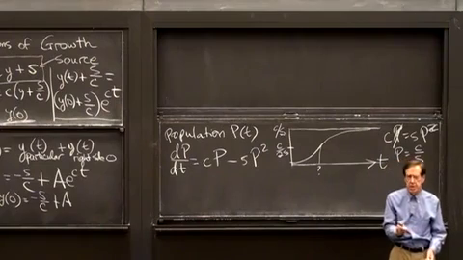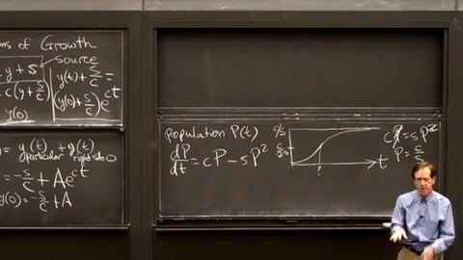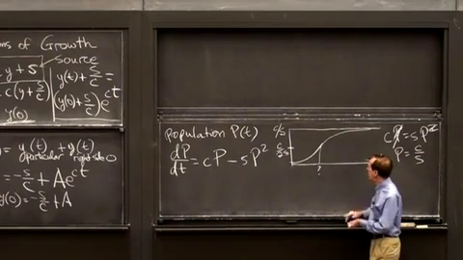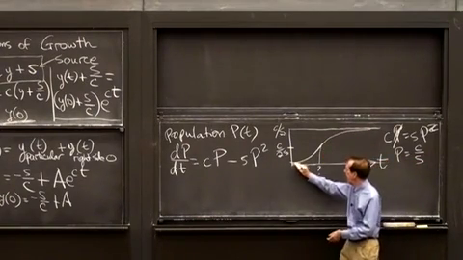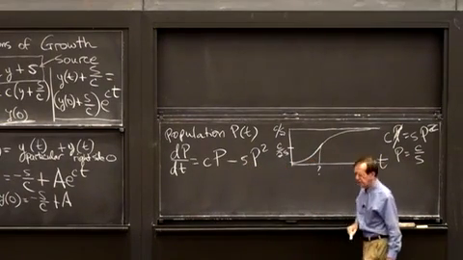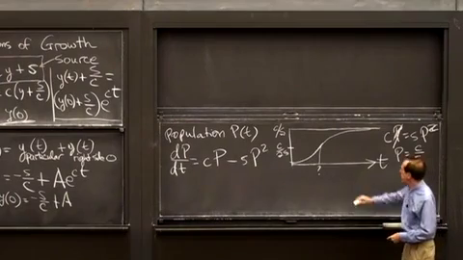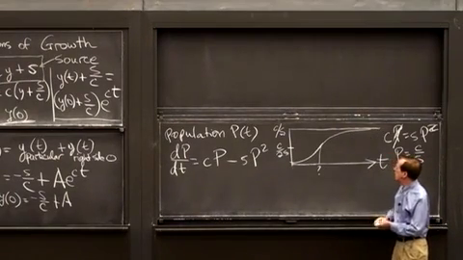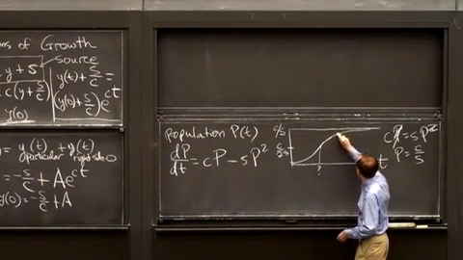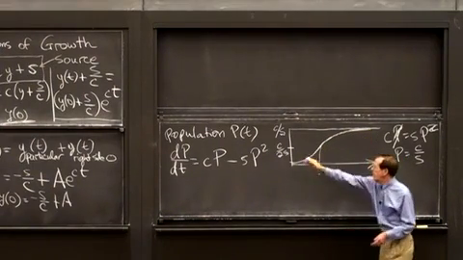I would call C over S a steady state. If it gets there, it stays there steadily. It won't quite get there. This would be the S curve, and if I went back in time, it would be going back to nearly 0, probably to 2, and up here, but not quite there. That's the population curve that comes from this model.